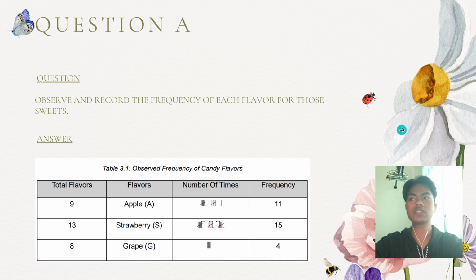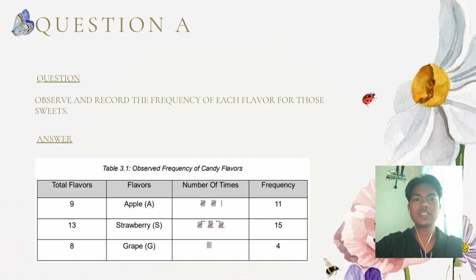First question is, observe and record the frequency of each flavor for those sweets. For the answer, Table 3.1 shows how often each candy flavor was picked during a random selection experiment.